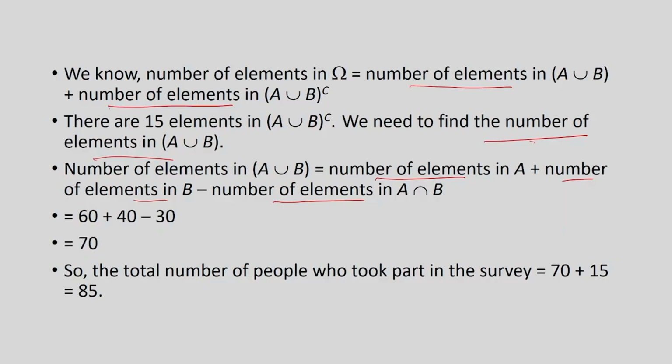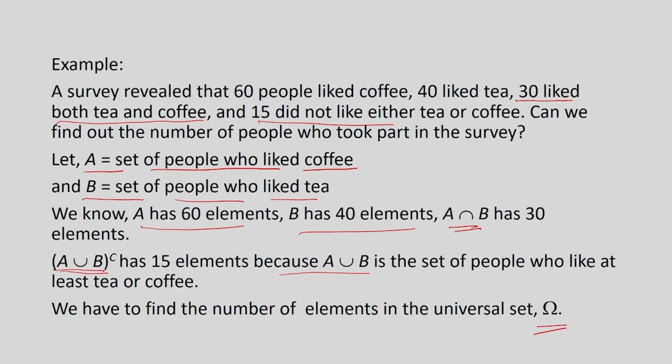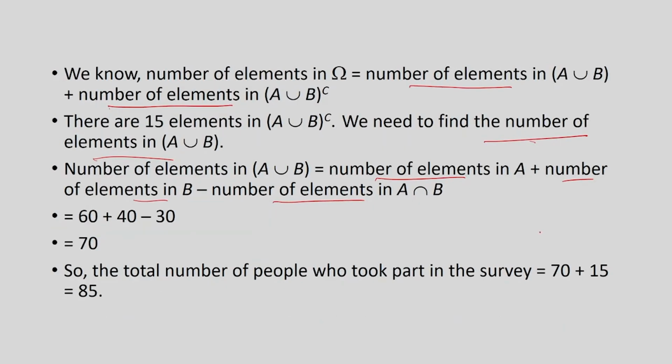Okay. So, I have to use this sort of identity, and actually on the right hand side I know all these numbers. The number of elements in A is 60, it is written here. The number of elements in B is 40, and A intersection B has 30 elements. So, it will be 60 plus 40 minus 30, right. So, that is 70.